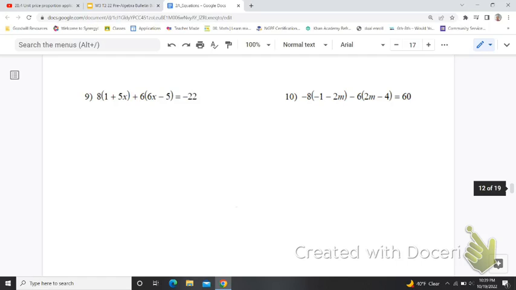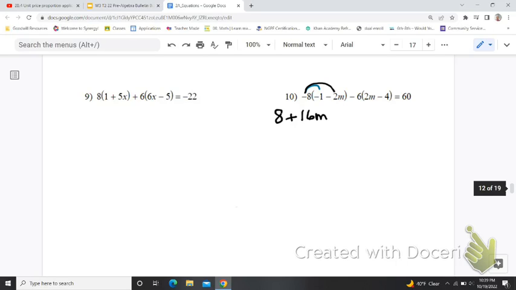So lots of negatives in this problem. We're going to have to keep track of our negatives here. So as we distribute, negative 8 times negative 1, so positive 8, negative 8 times negative 2, remember the sign is attached to that 2m, so positive 16m, because when the signs are the same, it'll be positive in multiplication.